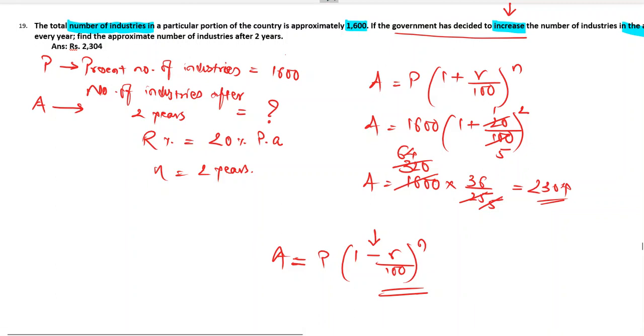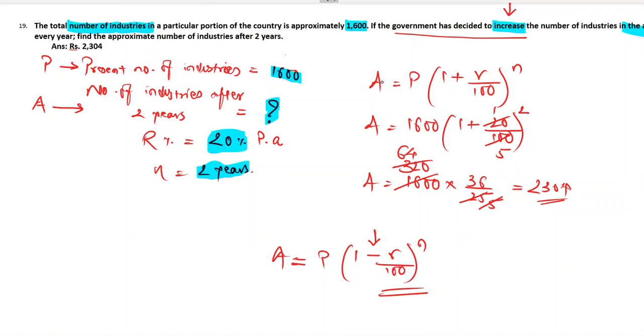If the present number of industries is 1600, what will be the number of industries after 2 years? So the present number of industries is the principal, the number of industries after 2 years will be the amount, rate is 20%, and time is 2 years.